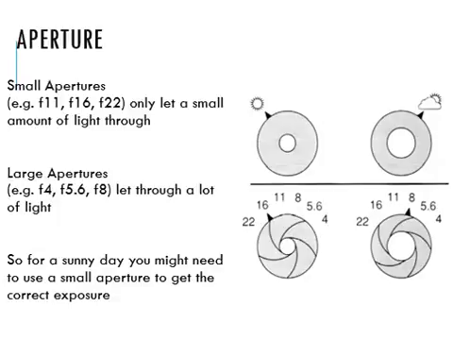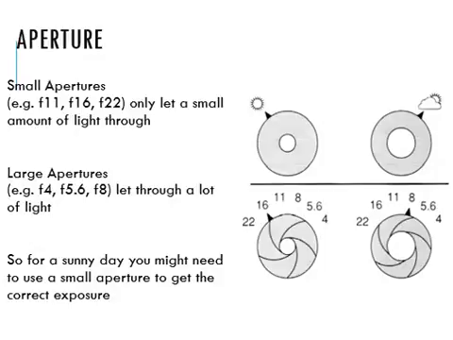F5.6, for example, is half the area of f4 and twice the area of f8. And it's the area that's important because it's the area of the hole that lets the amount of light through.